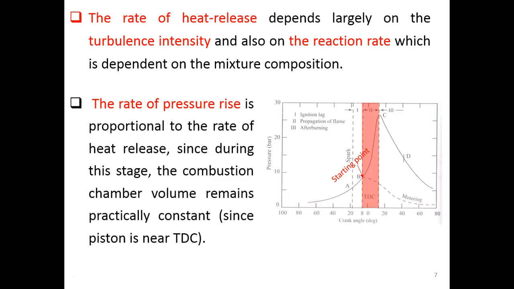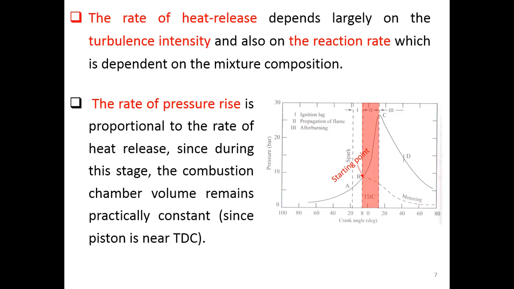This is the key point. We want our combustion process to happen at constant volume. If we can get closer and closer to constant volume, you can be sure that you can get most of the energy out of the fuel.